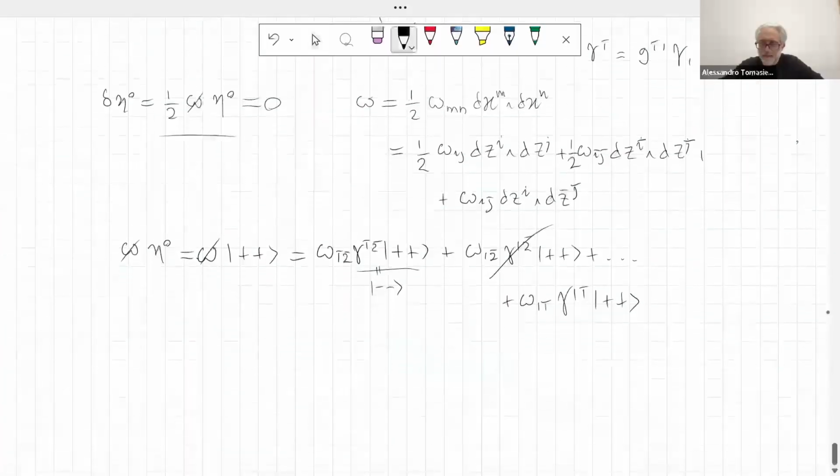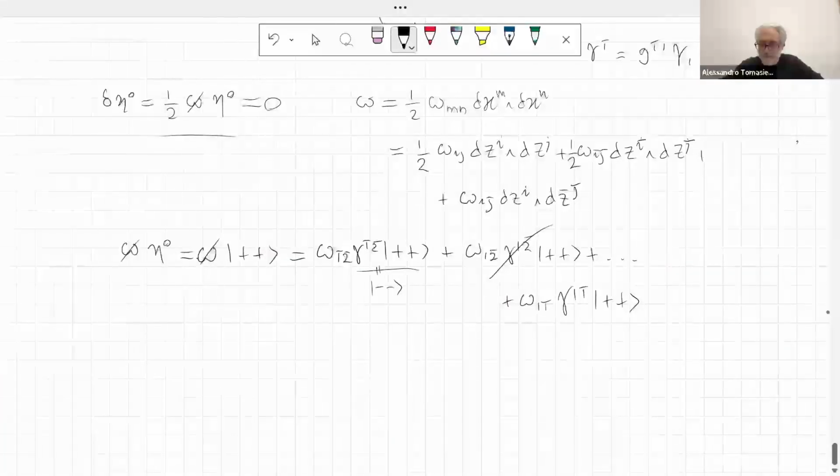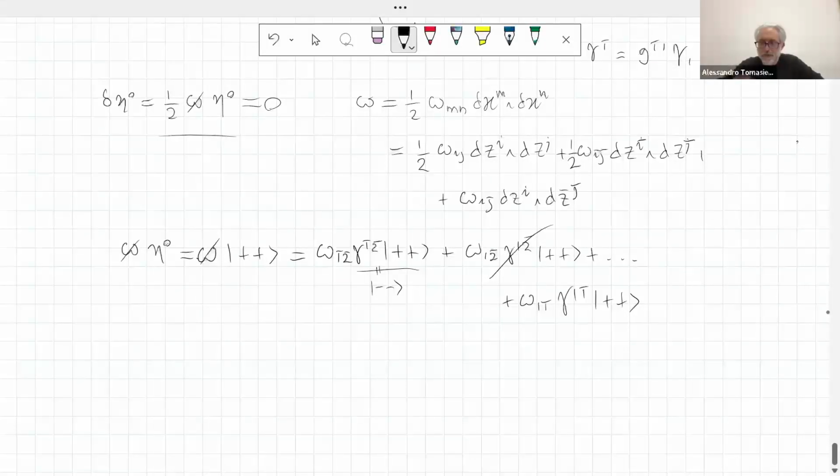or 2 bar, this is no longer true because gamma 1 bar is not quite equal to gamma 1 bar, because if you consider gamma m, gamma n, this is 1/2 the anti-commutator plus 1/2 the commutator.